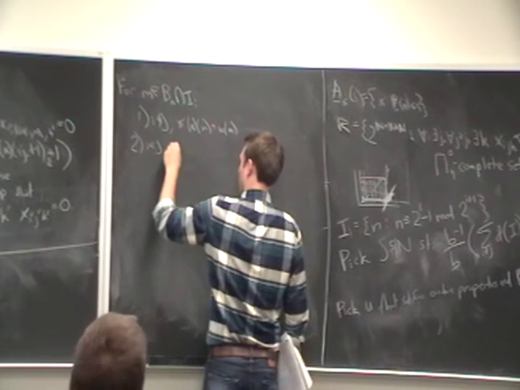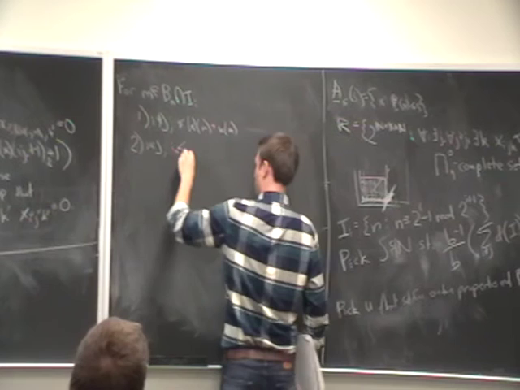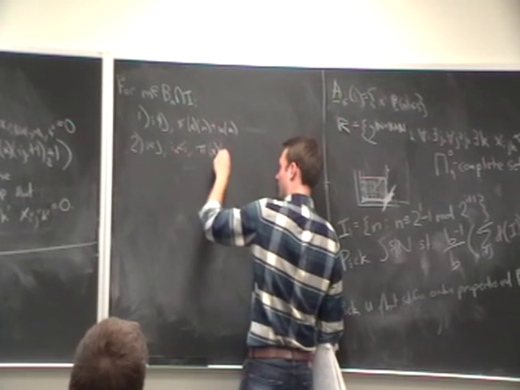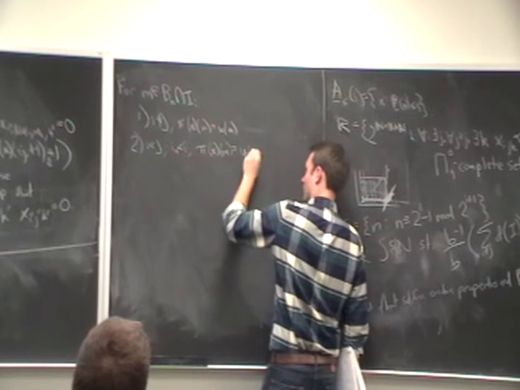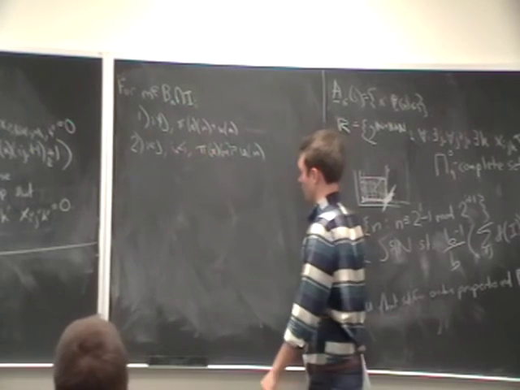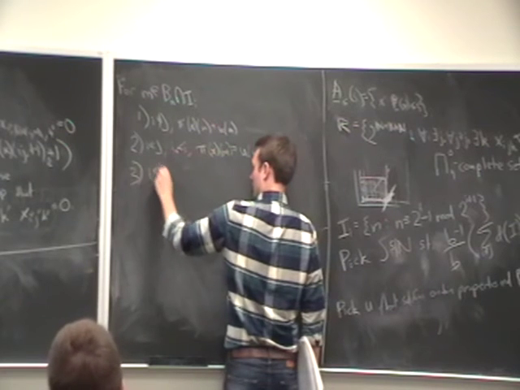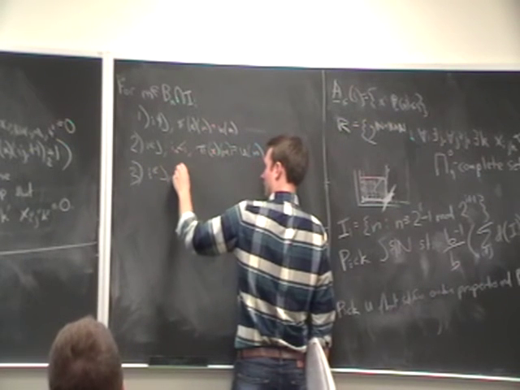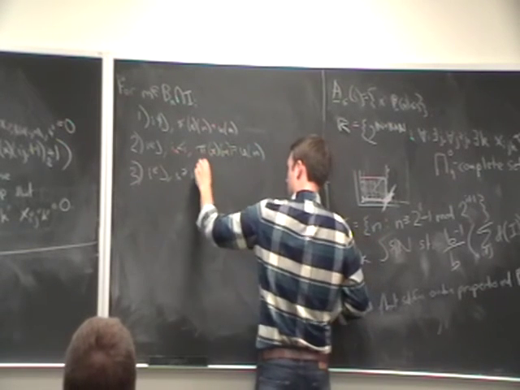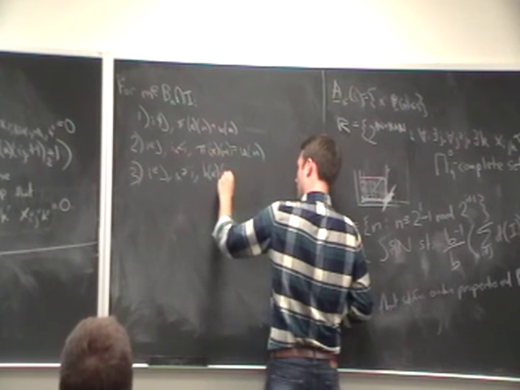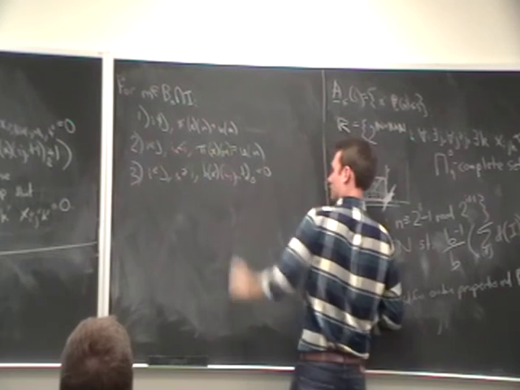Two, i is in J, but i sub n is strictly less than i. Then we're also going to define pi of x of m to be equal to u of m. So again, we copy down the digits of u. Three, i is again in J, i_n is greater than or equal to i, and h of x of i_n, j_n, t_n, sub 0, is equal to 0.